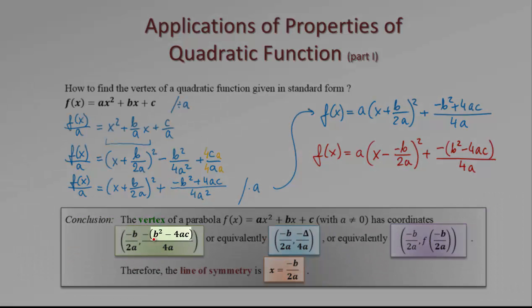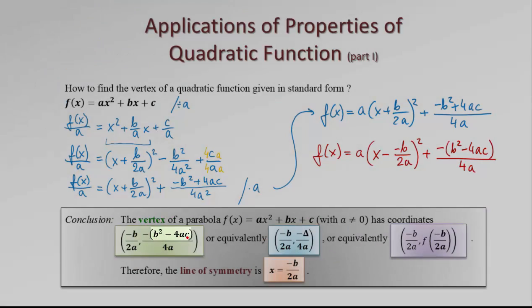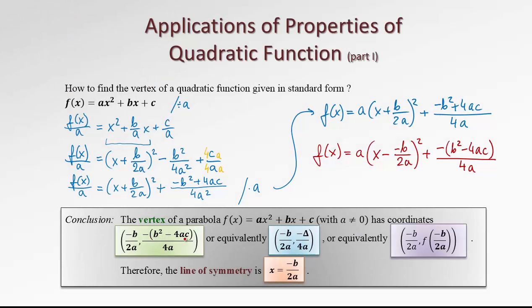Now, since this expression b squared minus 4ac plays quite an important role in studying quadratic functions, for easy reference it is denoted by the Greek capital delta and called the discriminant. So we could rewrite this formula for the vertex in the form negative b over 2a and negative delta over 4a.